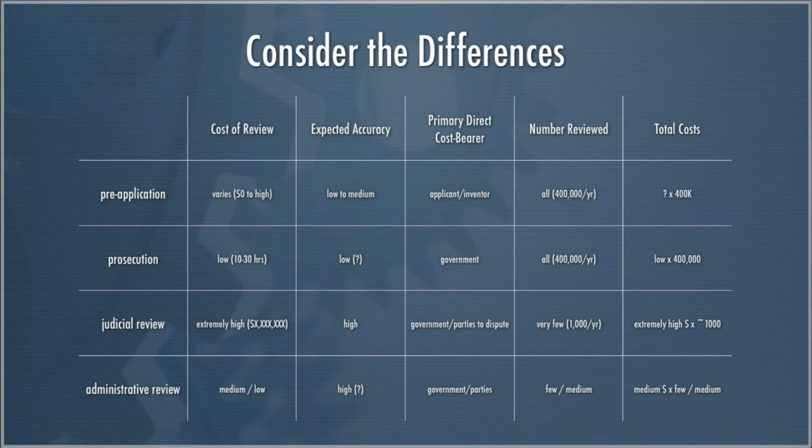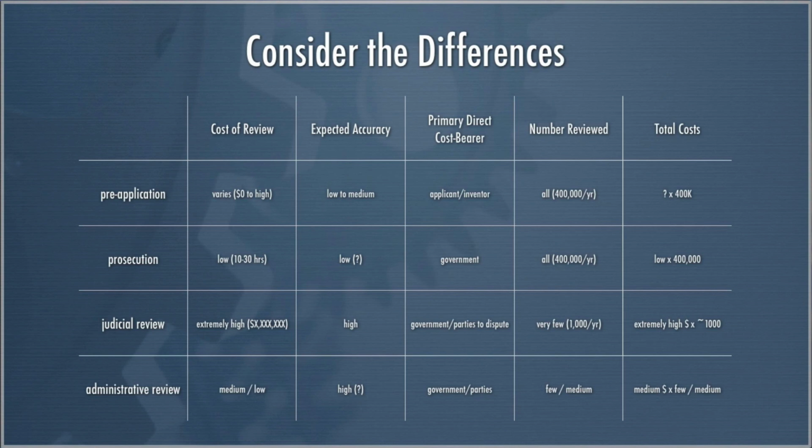And in any event, it's worth it to somebody to try and get an administrative review started for the particular patent. And so the issue is the total cost would be medium costs times however many are done, few to medium, a lot more than 1,000 perhaps, but far, far less than the 400,000 per year.